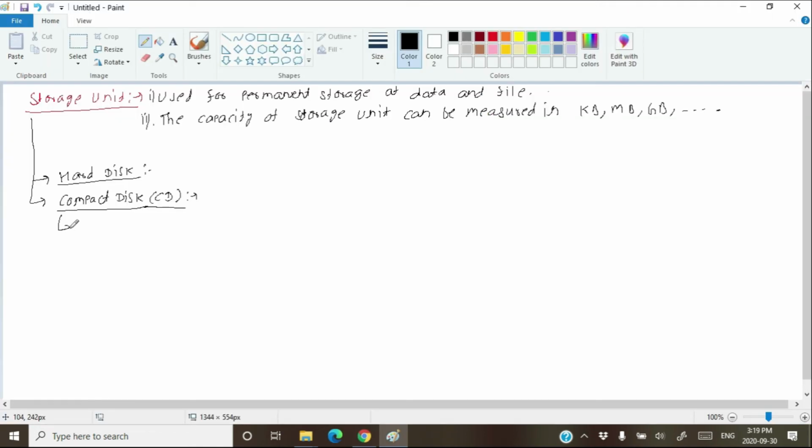Now the compact disc has three main types. One is called CD-ROM, which is compact disc read-only memory. The second one is CD-R, which is compact disc recordable.